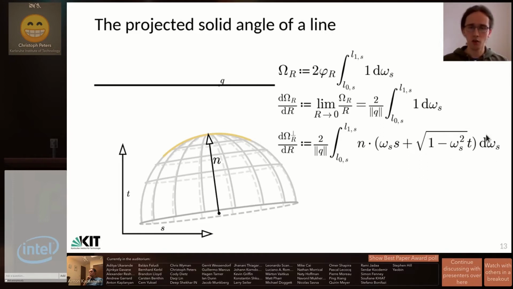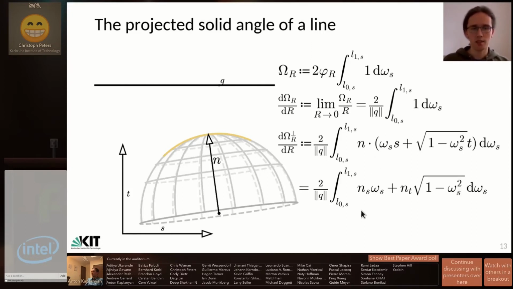We already know the s-coordinate of our sample direction because it is our variable of integration. So we can multiply that by the s vector, the s-axis. And the t-coordinate is also easy to compute because we want this to be a normalized vector, so we can compute it like this, and then we have our complete sample direction.